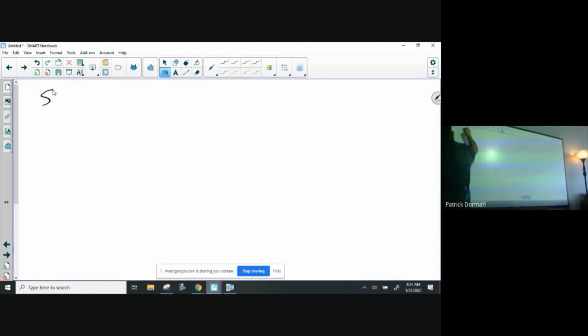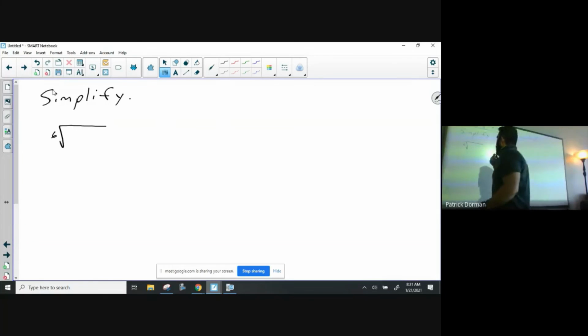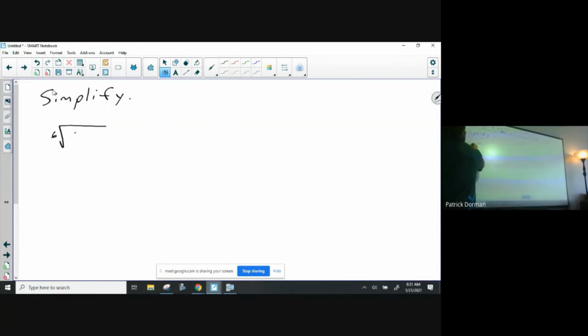All right, so let's simplify the sixth root of 64 x to the 12th power. I don't know if I want to use the sixth root or not. Yeah, we'll just do it.